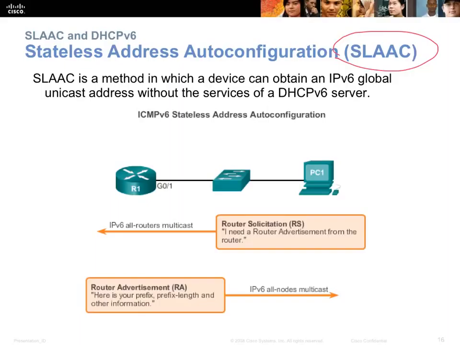What are they saying right here in the slide? We're talking about SLAAC, a method in which a device can obtain an IPv6 global unicast address without the services of a DHCP server. In your own words, what's happening? It's not much different than what we're doing with the router and DHCPv4.